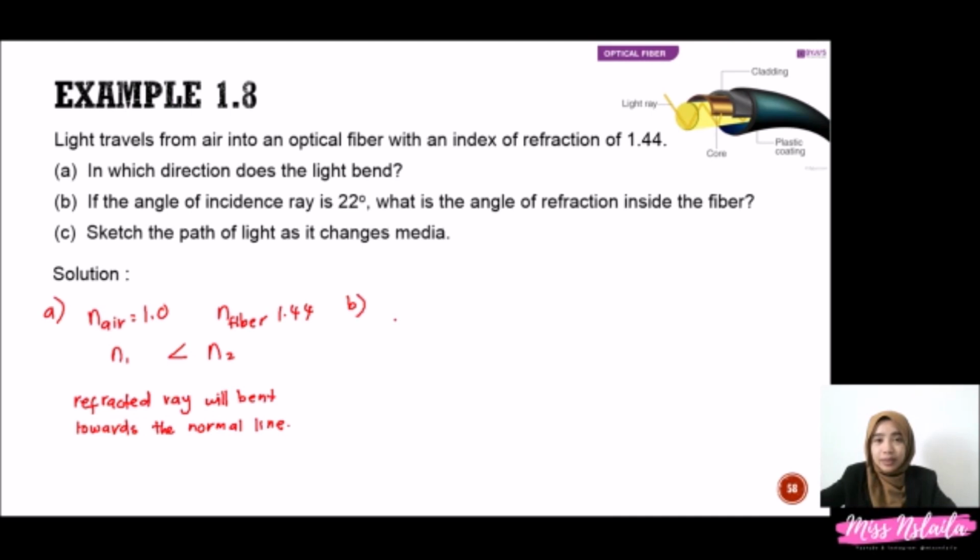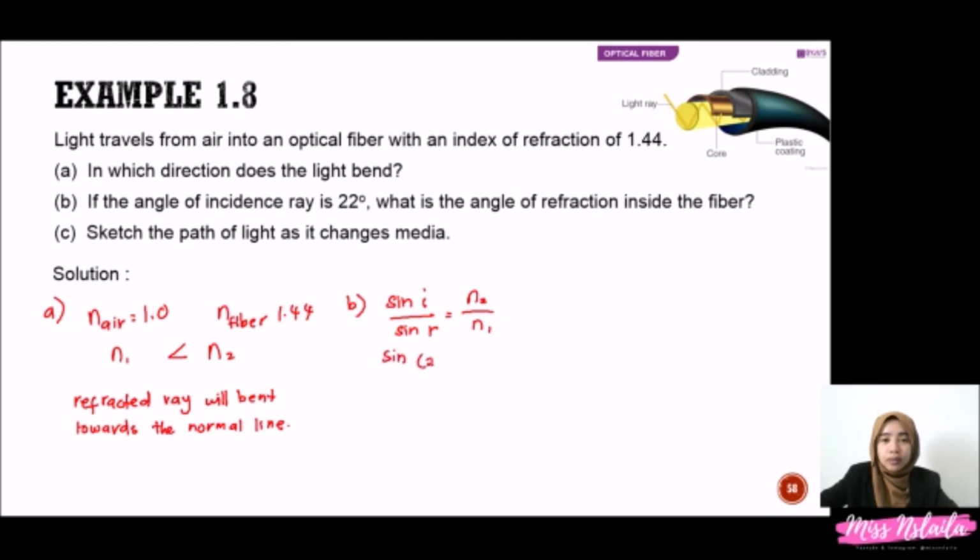For question B, if the angle of incident ray is 22 degrees, what is the angle of refraction inside the fiber? We can use the Snell's law equation. Sin I over sin R equal to N2 over N1. So we can substitute the values.